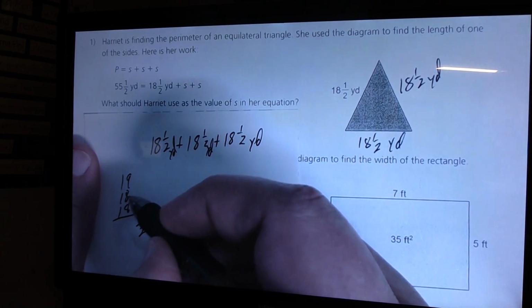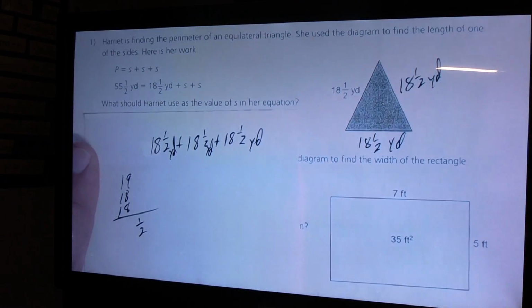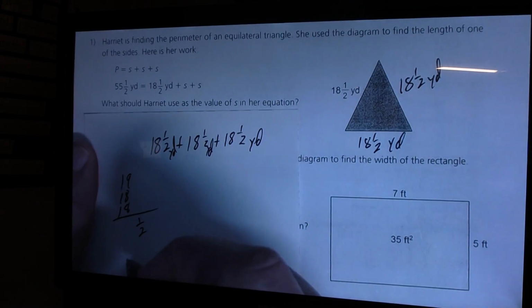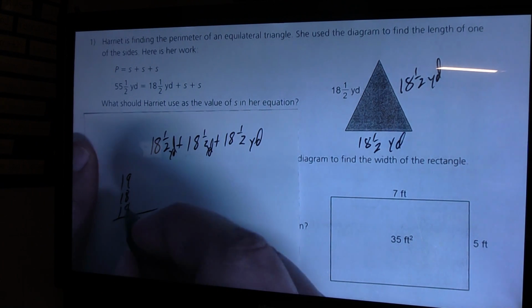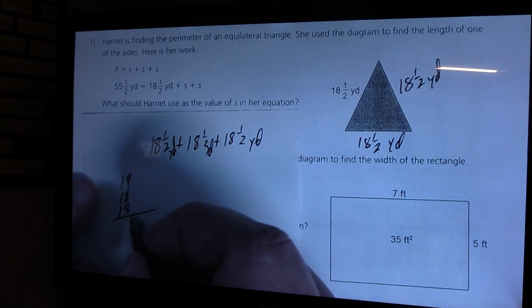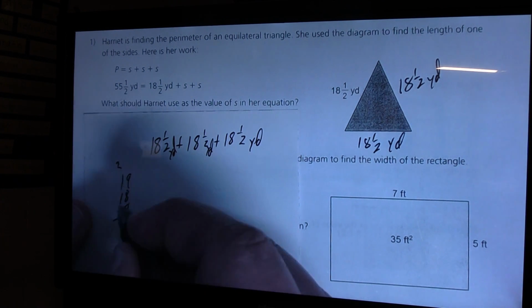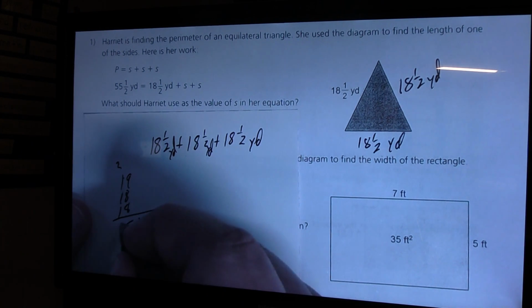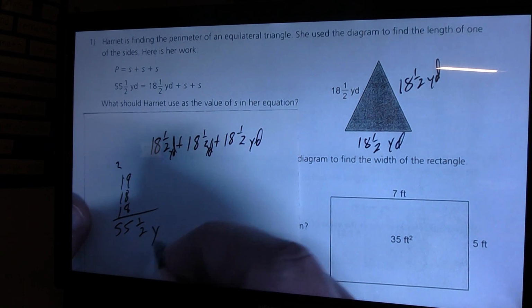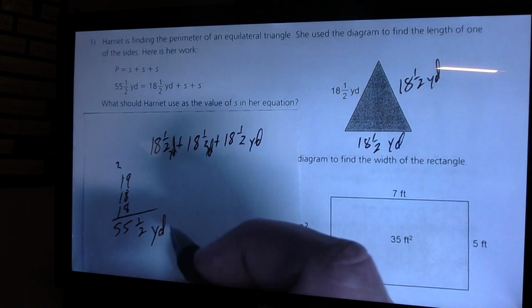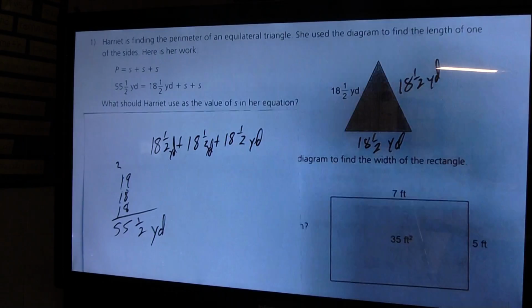So 8 and 8 is 16, plus 9, which is going to give me 25. And then 2, 3, 4, 5, so I got 55.5 yards. So the perimeter, sure enough, was 55.5 yards.